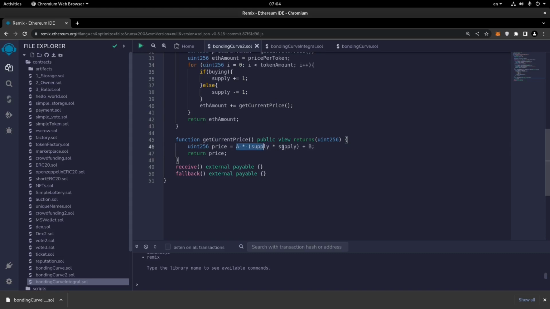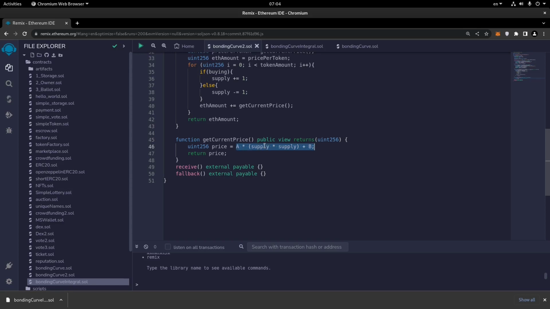This was the formula, ax to the power of 2 plus b. So this x was supply, and the resulting value will be the price, right? So in order to calculate the price for all the tokens, we can use the integral formula to be able to calculate the area under that curvature, right?